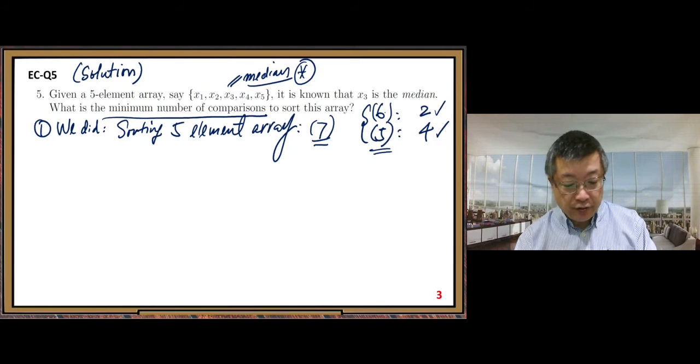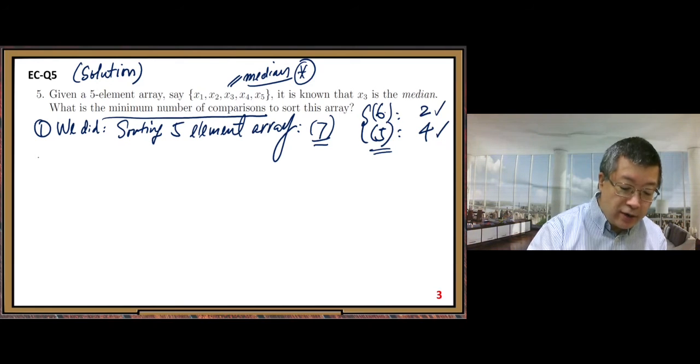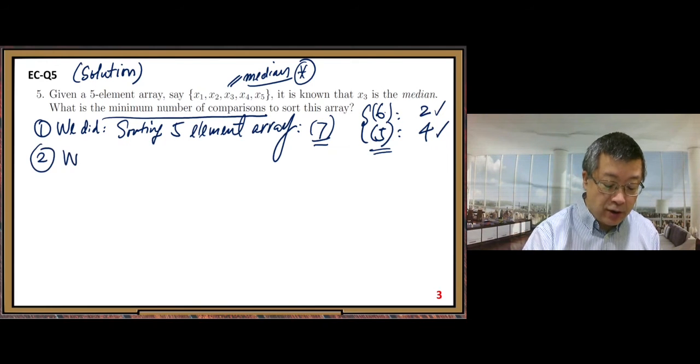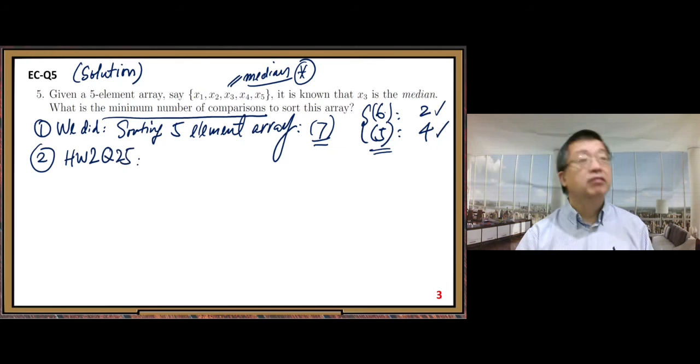So that's the first question we can connect. Second, we have a similar question we can connect. That is homework 2, question number 25, the last question of homework assignment number 2. Remember that?